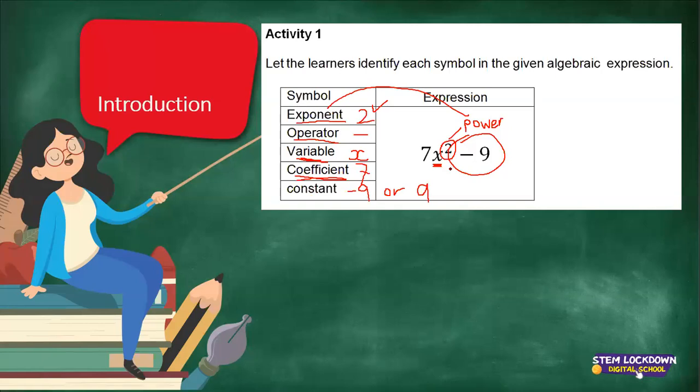Basically, a constant is any value that is not attached to any variable, right? So in this case, a 9 is a standalone, constant term that does not change. 9 does not change, right? If x is 1, this whole term changes, right? If x is 2, this whole term will change because it will be 2 to the power 2, which is 4, times 7, which is 28.